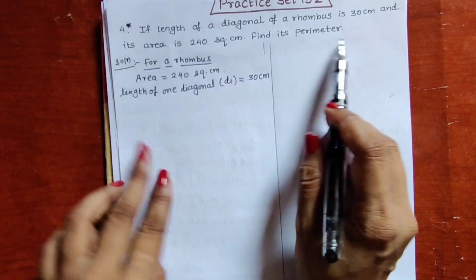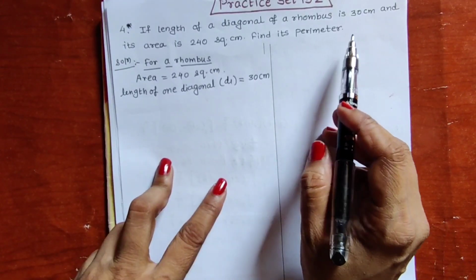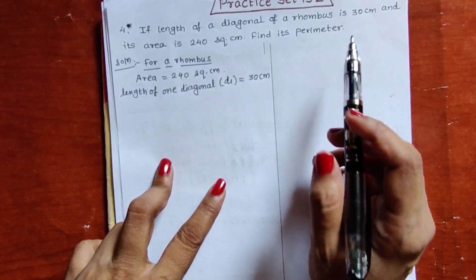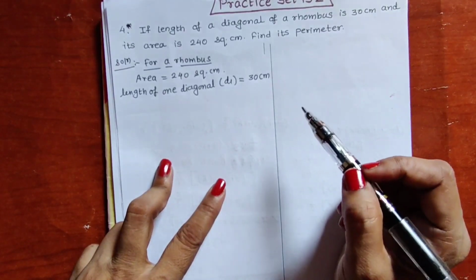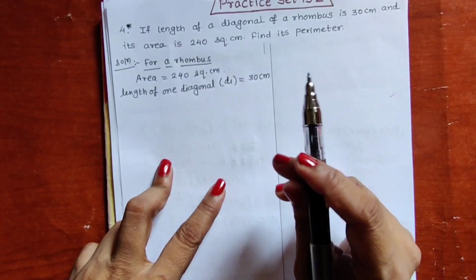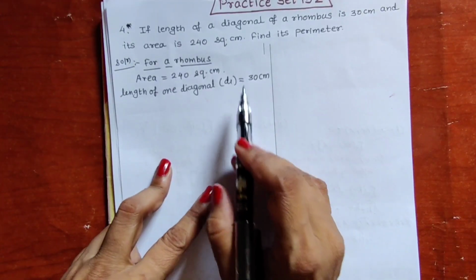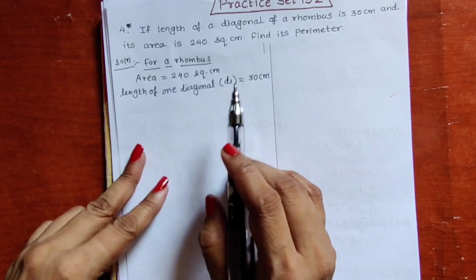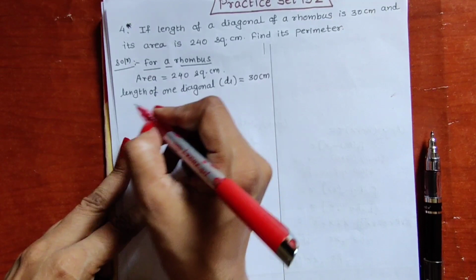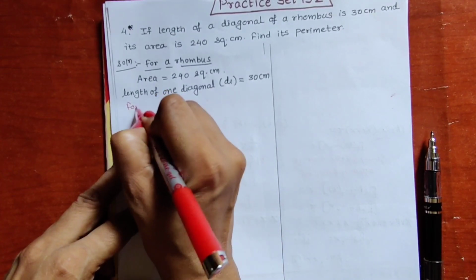Now we have to find the perimeter. So for finding the perimeter we require the side of rhombus. For getting the side we will be applying the property of diagonal, which we have seen in our previous sum also. So let us first find out the length of other diagonal of rhombus. So I will be writing formula here.